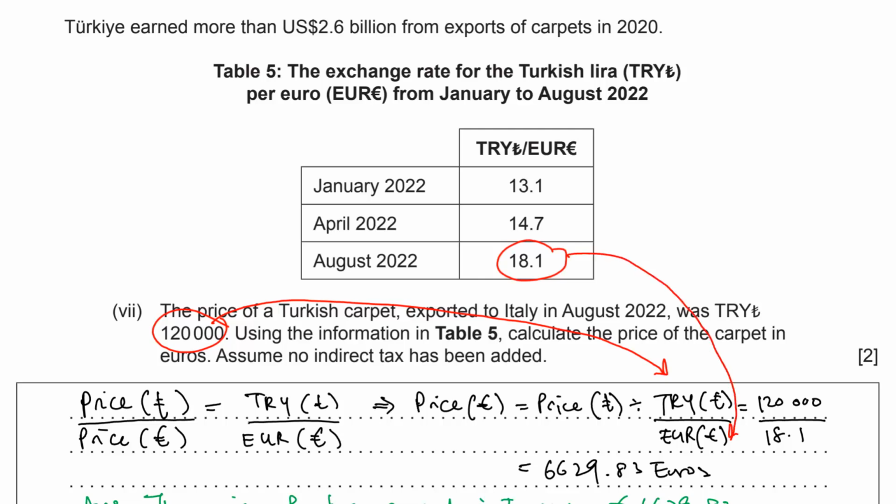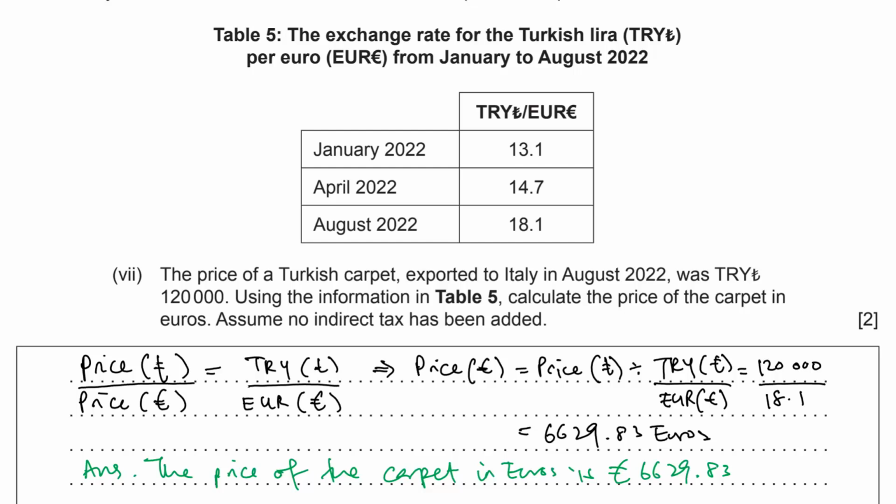We've got 120,000 divided by 18.1, and that's going to give us 6,629.83 euros. If you have any space left over, it's generally good practice just to answer the question. So we say the price of the carpet in euros is 6,629 euros and 83 cents.